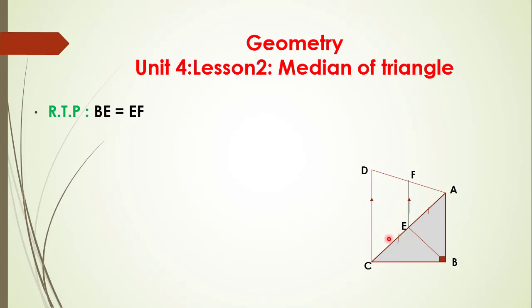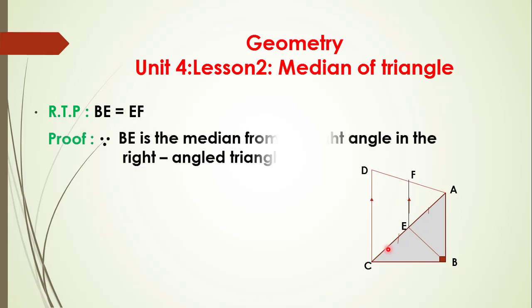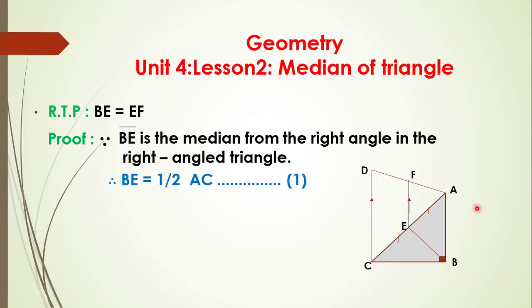So BE will be half AC, because here we have a median drawn from the right angle in a right angle triangle. So this is the proof. BE is the median from the right angle in the right angle triangle ABC, so the length of BE will be half AC.